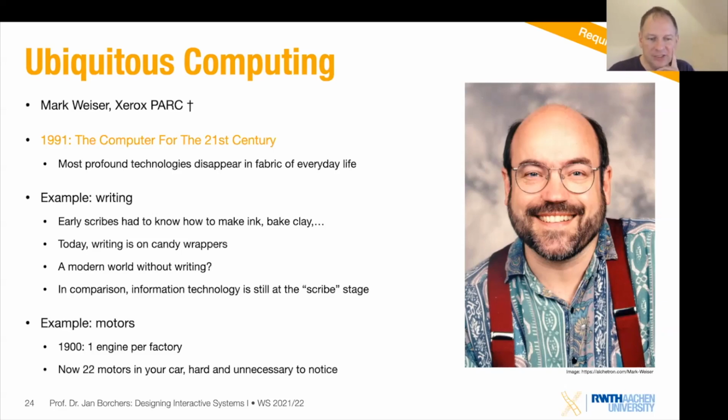Motors. In the 1900s, when the motor engine was introduced into industrial production within the Industrial Revolution, it basically meant that you had one steam engine per factory, or maybe later on an electric engine, right?